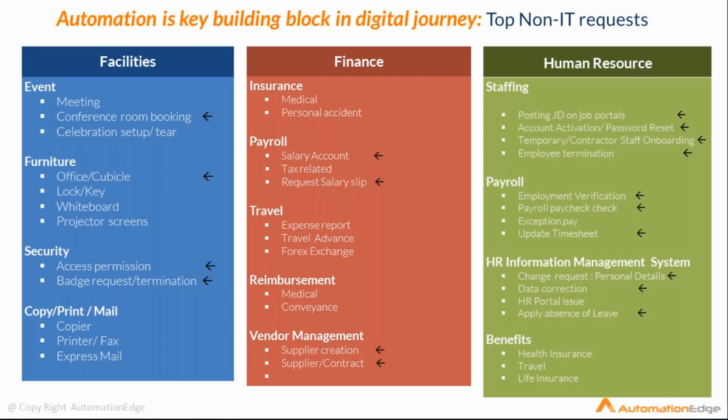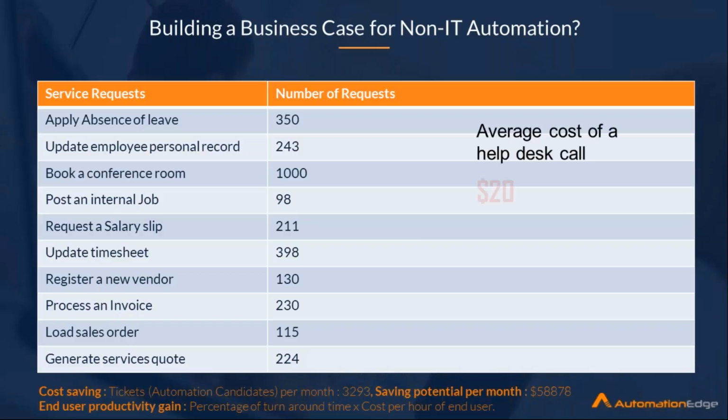So you can take a look, and then we'll go to the next slide to talk about how to build that business case for you to drive automation through your organization. Next slide, please.